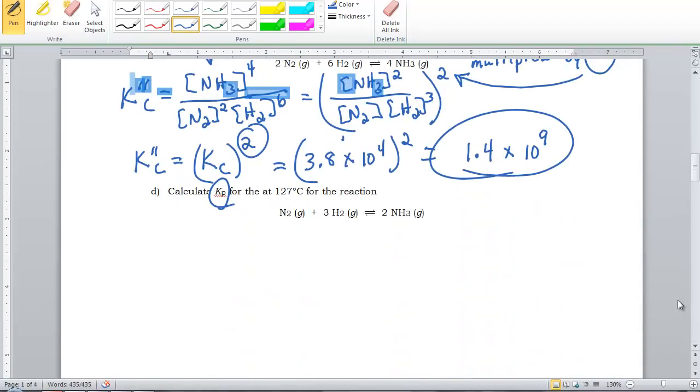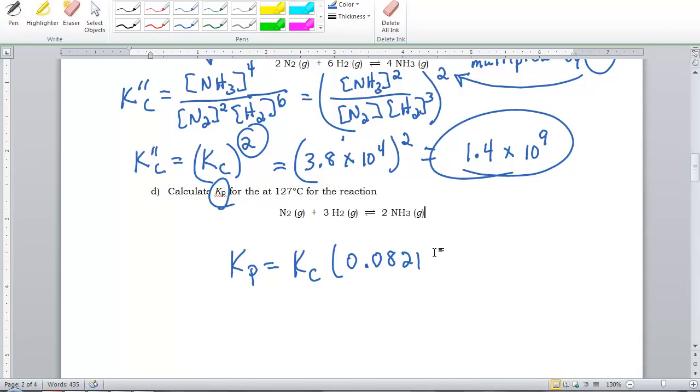But as we just saw, Kp is equal to Kc times RT, 0.0821 times T, raised to delta n.